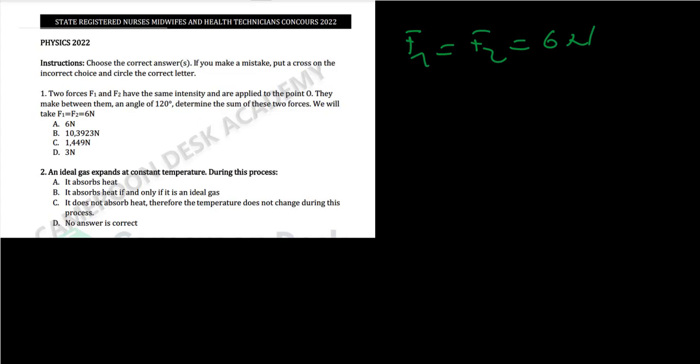So let us analyze the problem. I'm going to draw two forces in such a way that the angle between these two forces is 120 degrees, and so I can draw a referential horizontal line which passes as such.